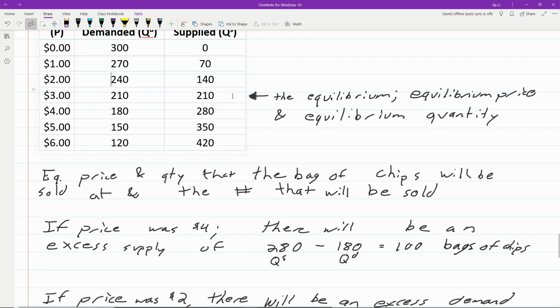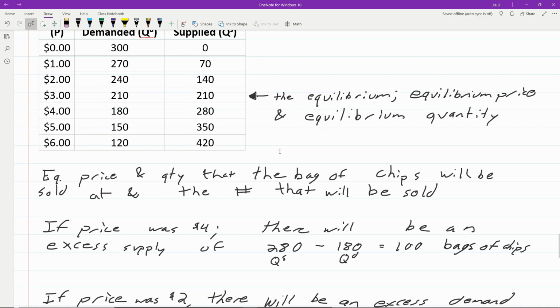So that is why this equilibrium price of $3 and the equilibrium quantity of 210 bags of chips is what the price will actually be for bags of chips, and what the amount of chips actually sold will be, right? It should be $3 per bag of chips and 210 sales at the store each week. That's why it should be $3 and 210.